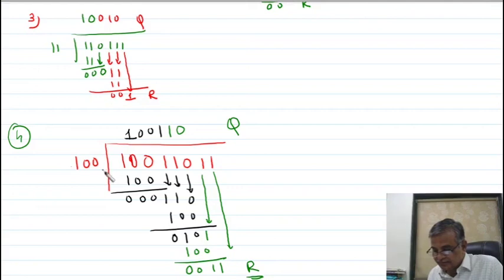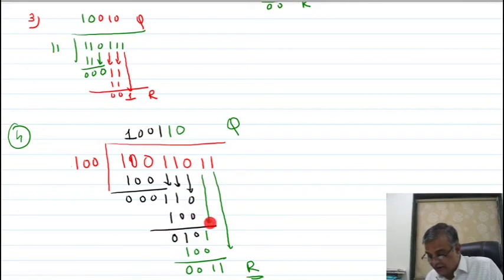Look here. For 100110 divided by 100, this multiply 1 is 100, 0, 0, 0. Now you are taking 1 down here. I cannot divide this 1 by this, so I am putting 0. Again, I cannot divide 11 by this, so putting 0. Now I am taking this 0 down, so this can be divided, so I am putting 1.